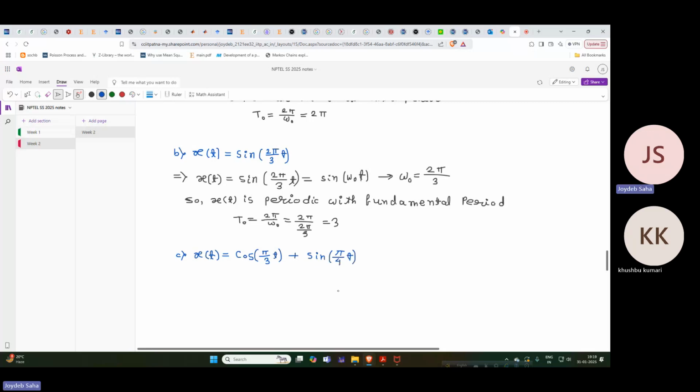Again, take 3-4 minutes. It is a little more complex than the previous one. So take 3-4 minutes and try to solve. Then I will solve it for you.